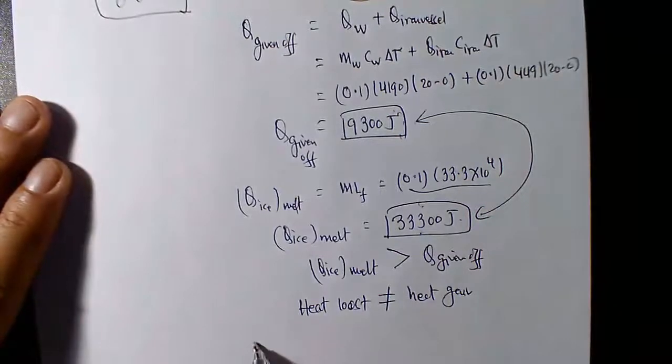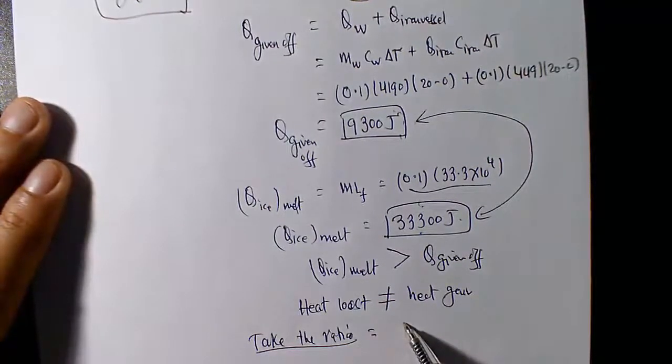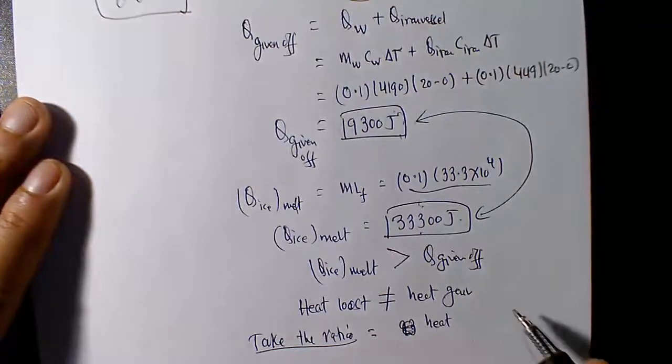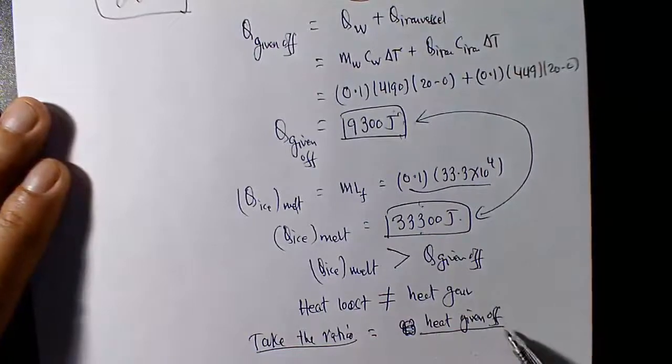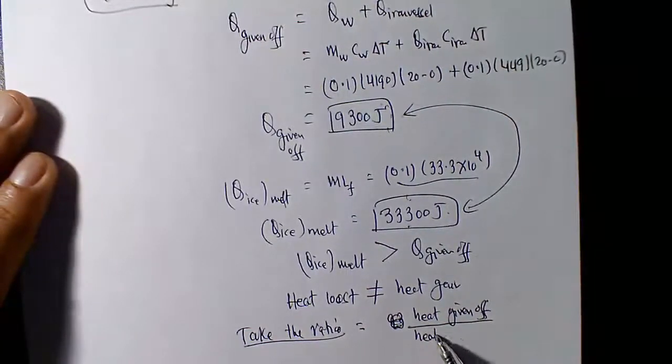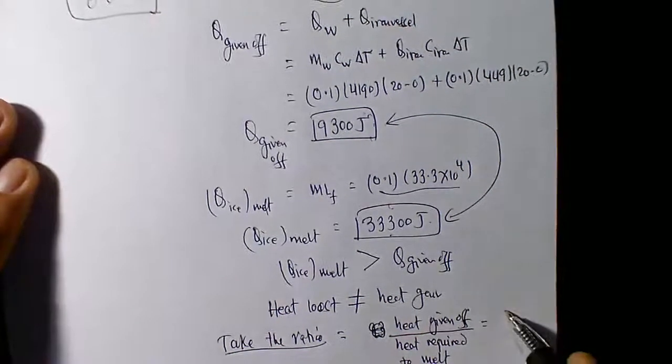So just take the ratio, and that fraction will be melted. So how much heat you have, right? Heat given off divided by heat required to melt, which we already know now, 9300 divided by 33300.